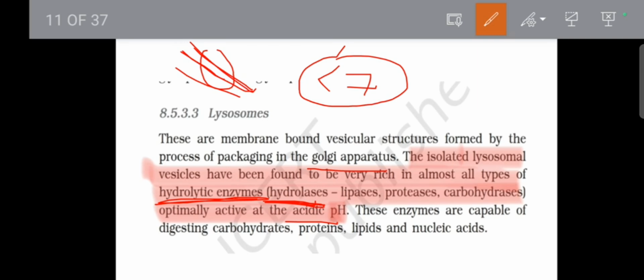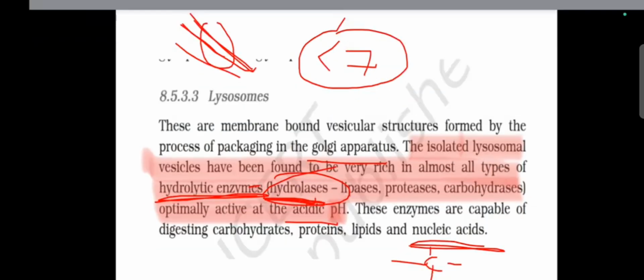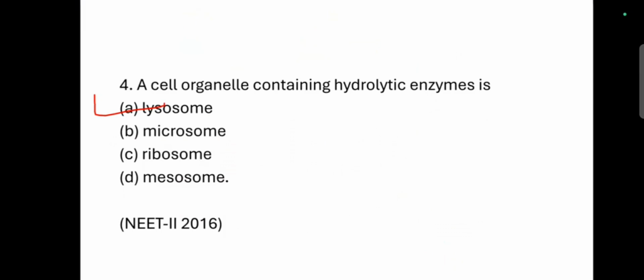These enzymes are capable of digesting carbohydrate, proteins by protease, lipid by lipase, and nucleic acid, which is also digested by hydrolytic enzymes. So the cell organelle containing hydrolytic enzymes is the lysosome.